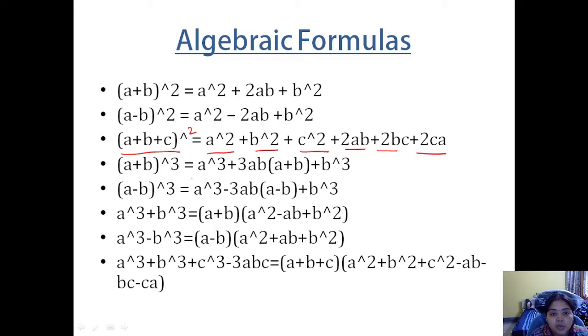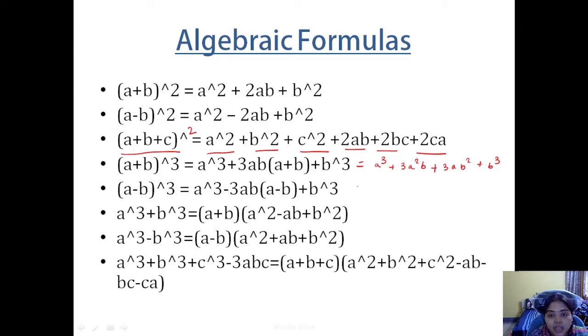Here it is, (a plus b) whole cube is equal to a cube plus 3ab into (a plus b) plus b cube. You can also write it as a cube plus 3a square b plus 3ab square plus b cube.